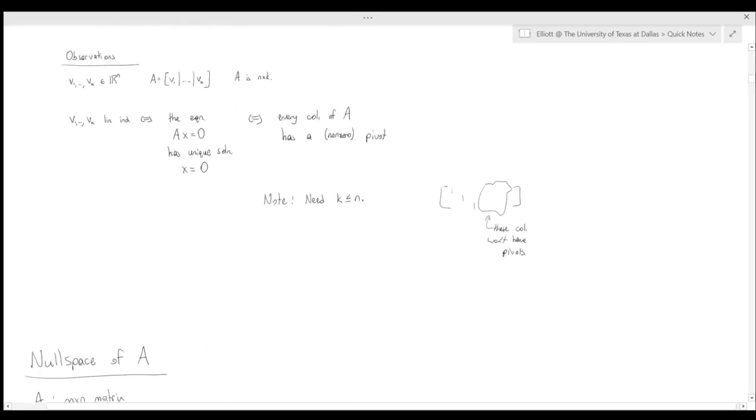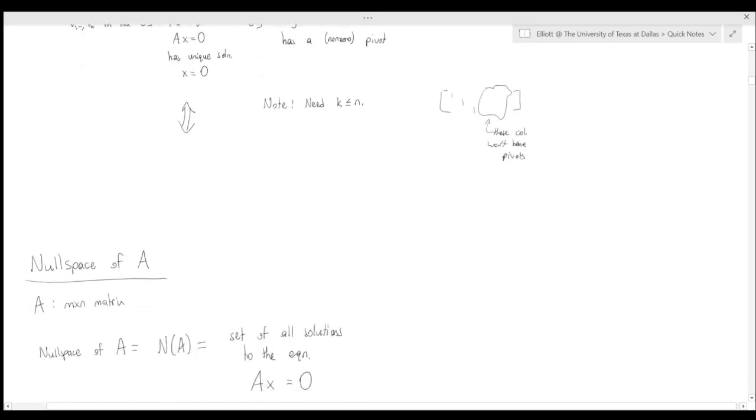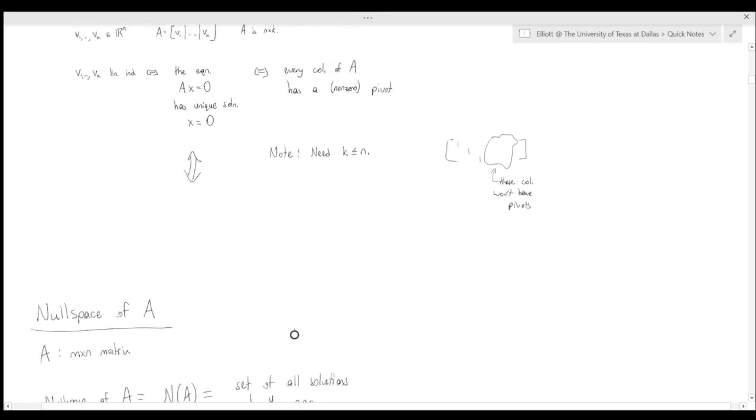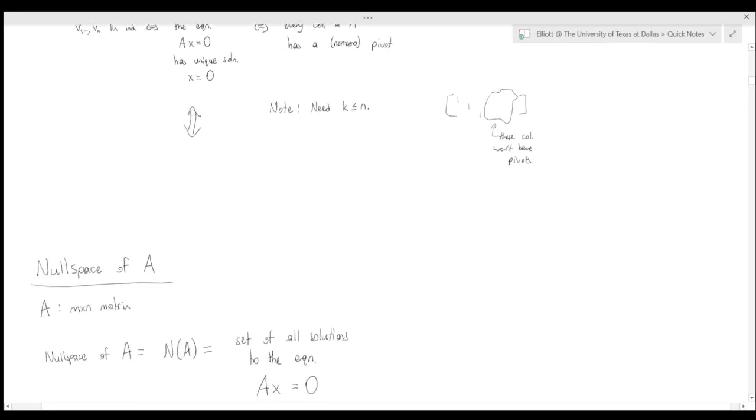So going back to the observations that I had here about linear independence, I can actually put down one more observation using the null space. Okay, so here, to be independent, the only solution to this equation AX equals 0 has to be the solution X equals 0.